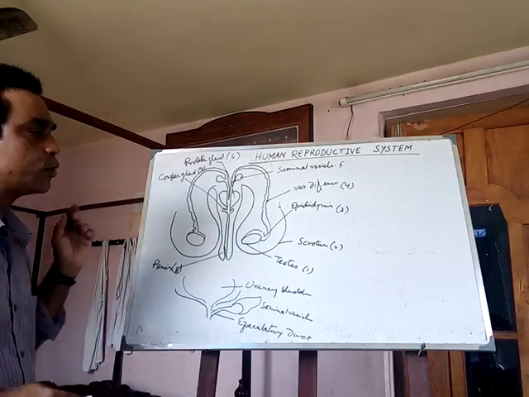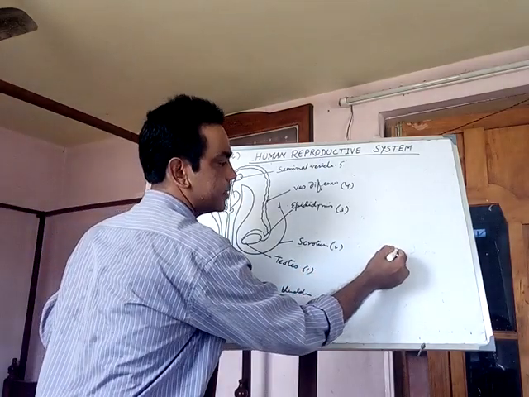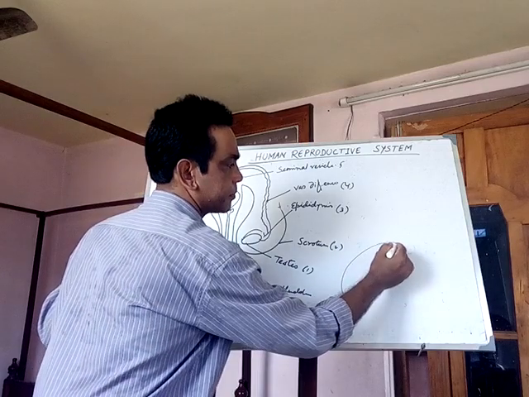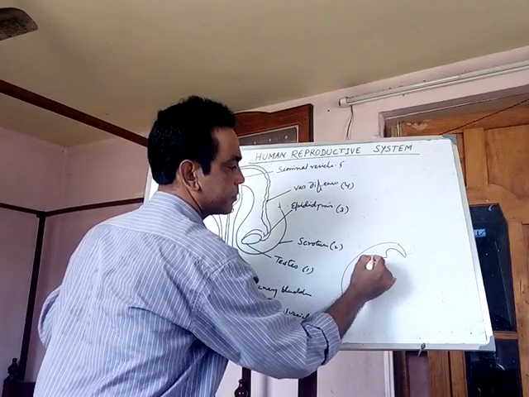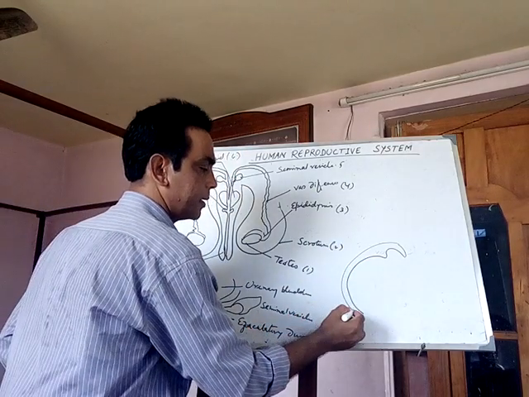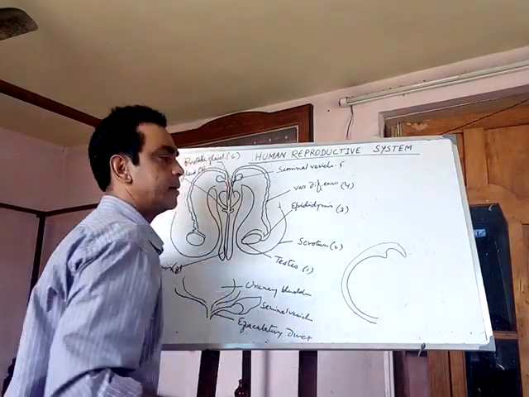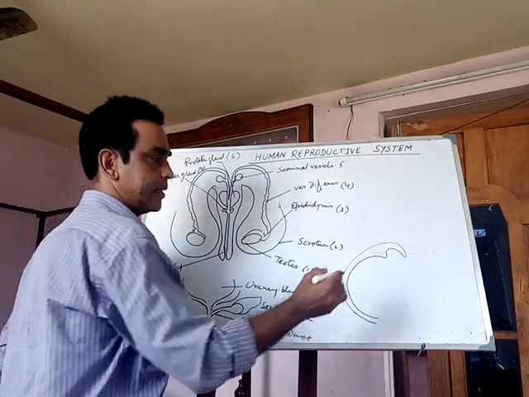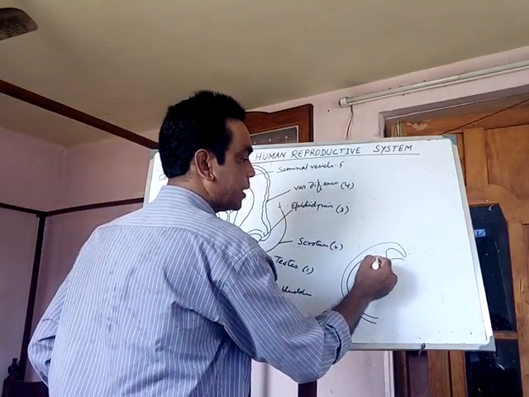The testes are divided into various parts. The first part is the tunica albuginea.